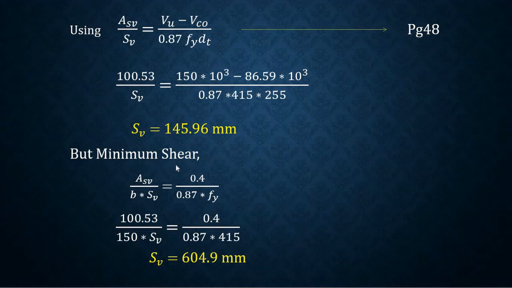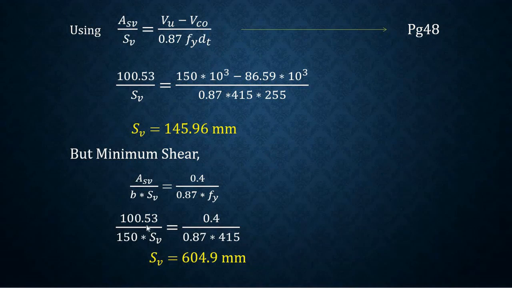But for minimum shear, we have a formula: ASV whole divided by B into SV is equal to 0.4 whole divided by 0.87 into Fy. You will get this formula in page 48 of IS 1343. Substitute the values.